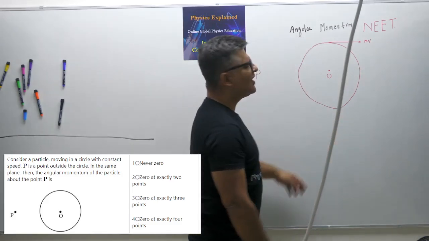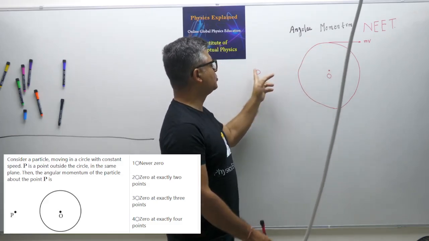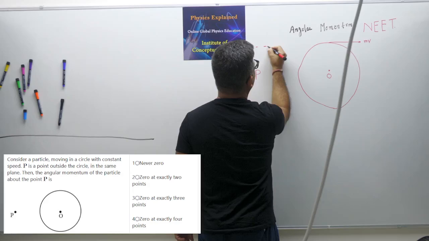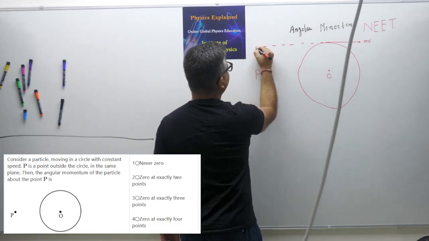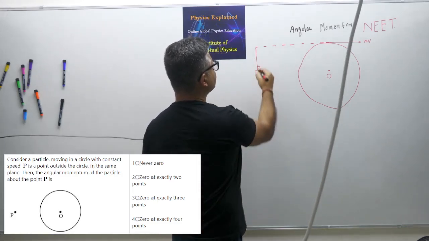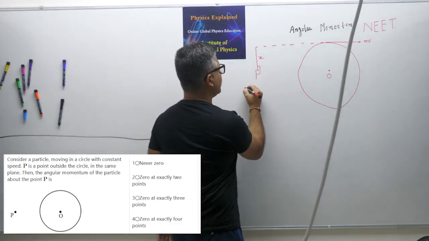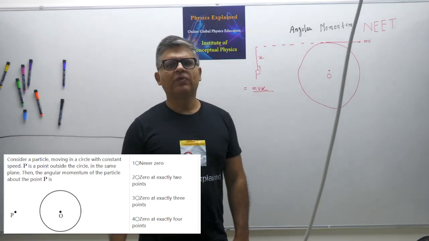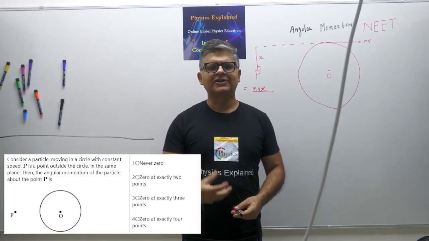So if I have to calculate the angular momentum of this body with respect to this point, this is what I do: I stretch the direction of linear momentum like this, and I drop a perpendicular here. So if I know this distance x, my angular momentum with respect to P is going to be mvx, right?